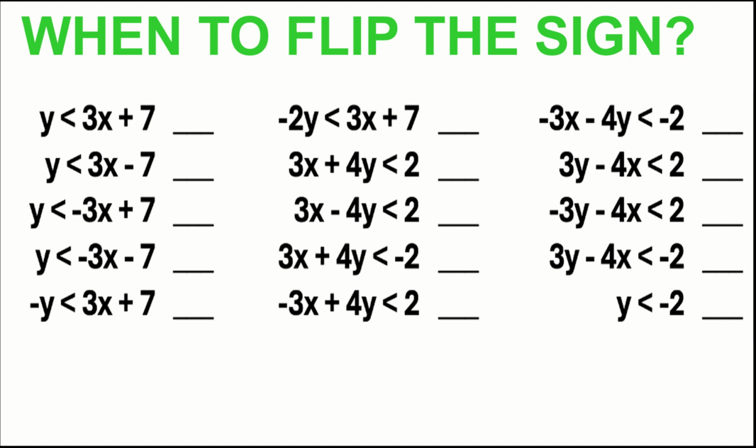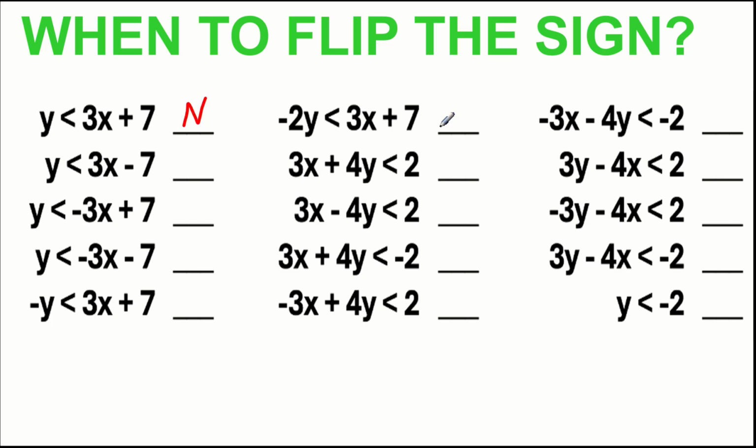All right, so let's look at this. We got to know if we are going to flip the inequality sign. So let's look through this real quick. First one here, am I flipping the inequality sign? Who could tell me? Forward? No, why not?